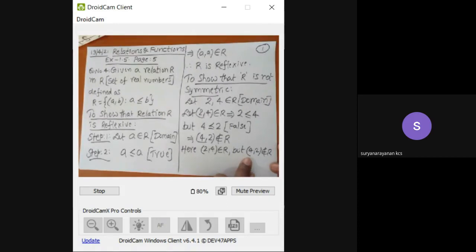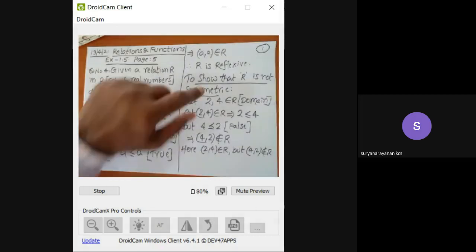Is it a symmetric relation? It is not symmetric, sir, because the reverse ordered pair is not there. Yes or no? Yes, sir.